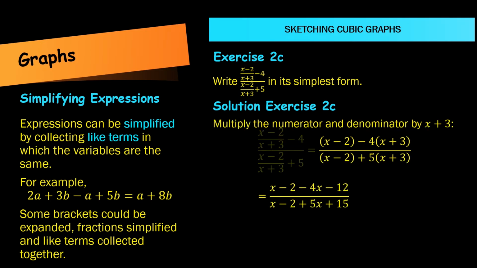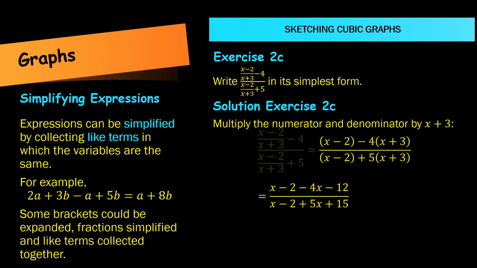And tidying up gives us x minus 2 minus 4x minus 12 all over x minus 2 plus 5x plus 15 in the denominator.